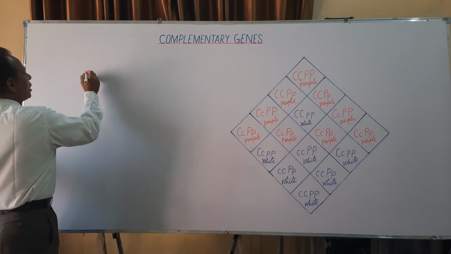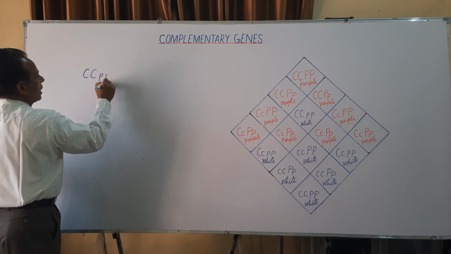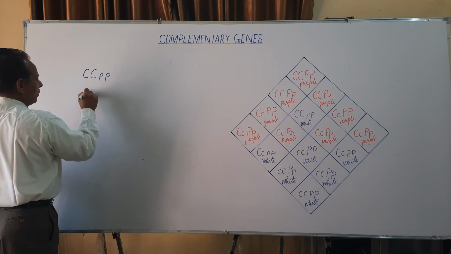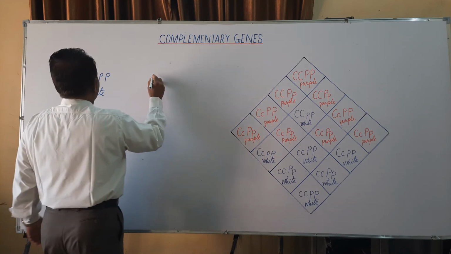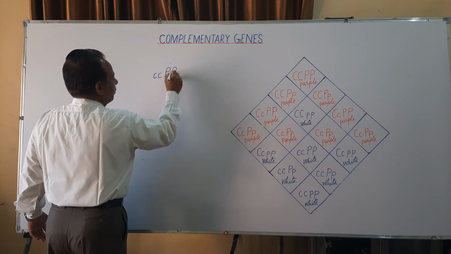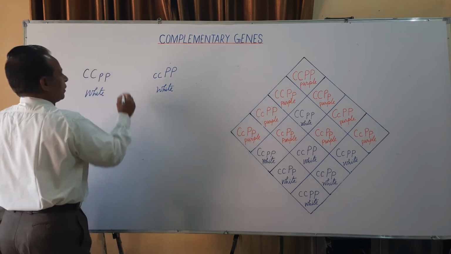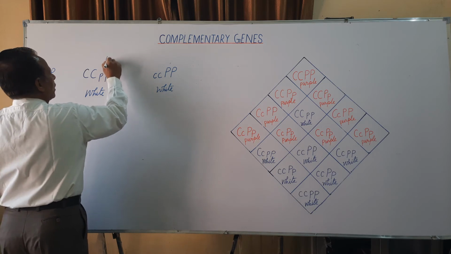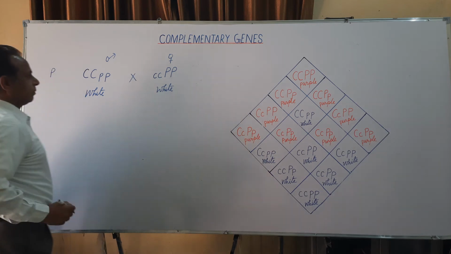Suppose a maize plant homozygous dominant in the C gene and recessive in the P, having white grain, and another plant recessive in C and homozygous dominant in P gene, also having white grain, are taken as parents, this plant as a male and this one as a female or vice versa, and crossed together.